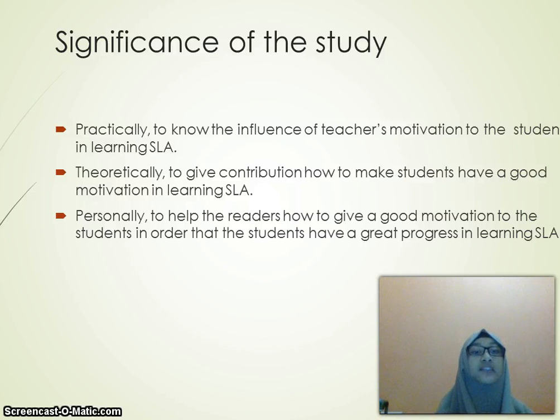The second is theoretically, to give contribution how to make students have a good motivation in learning second language acquisition. And the third is personally, to help the readers how to give a good motivation to the students in order that the students have a great progress in learning second language acquisition.